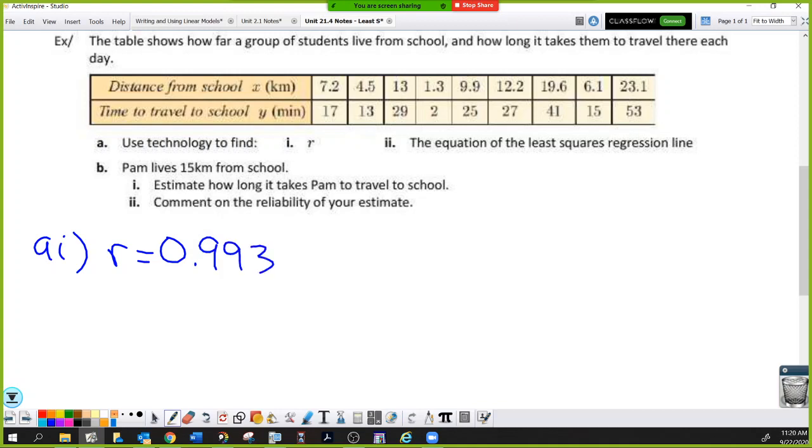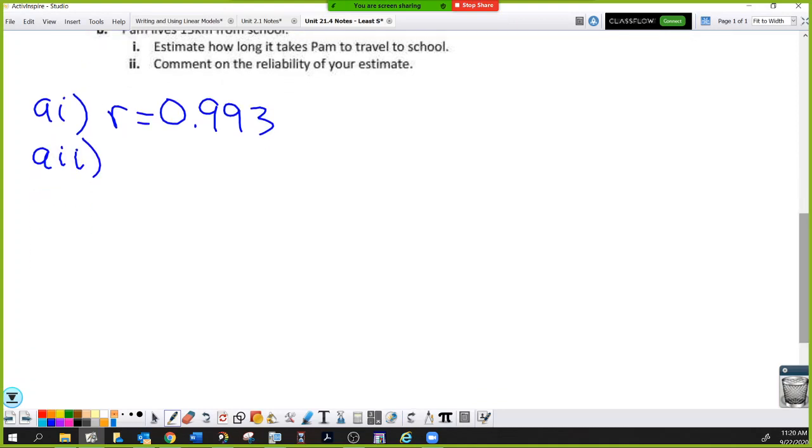And then the equation y equals 2.16x plus 1.42. I went to 4 sig figs on the first, and that's 3 sig figs. Now again, if you go more decimals, that's fine. Less decimals, that's a no-no.